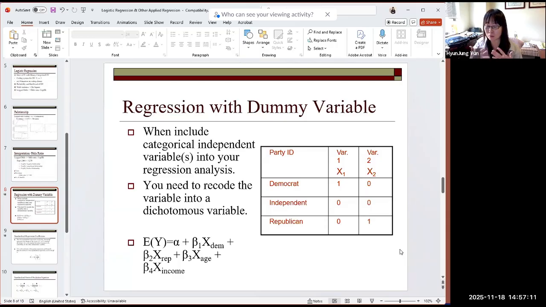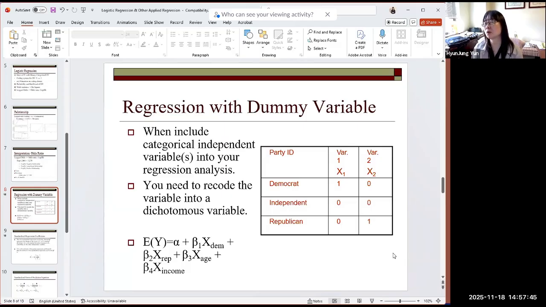Then the basic regression model goes back to the statistical roadmap: all your independent variables should be interval scale. But say most of your independent variables are interval, yet one or two are categorical, nominal variables that you want to combine and run together. What are we going to do? We use a regression model with a dummy variable. How can you make it happen?